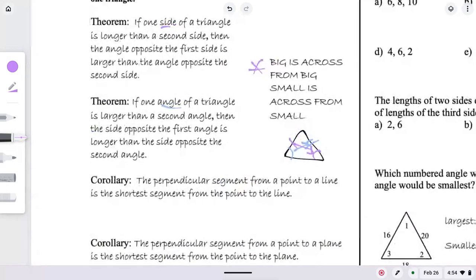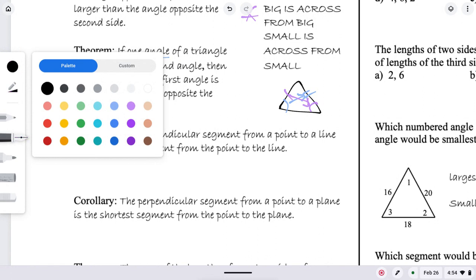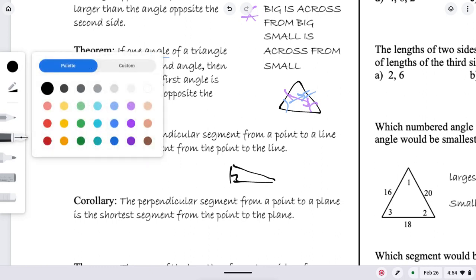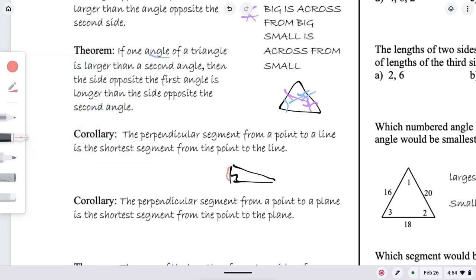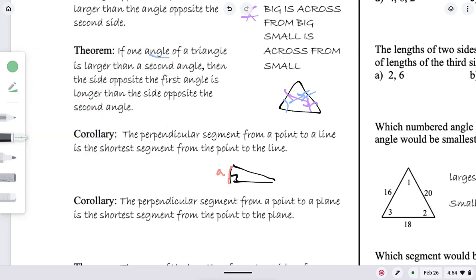Then this corollary, right? Both of these corollaries technically. So if you need to pause for a second, go ahead and do that. But these have to do with the fact that, okay, if I had a right triangle here, right, this side here, A, is always going to be shorter than the hypotenuse of my right triangle, side C, right?